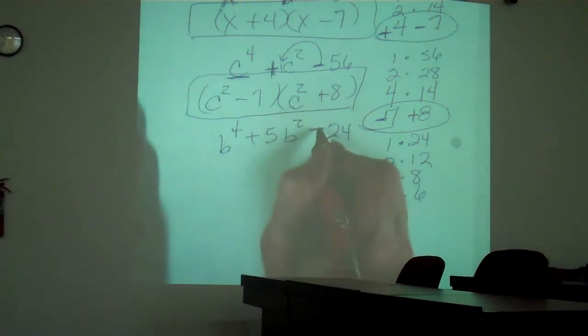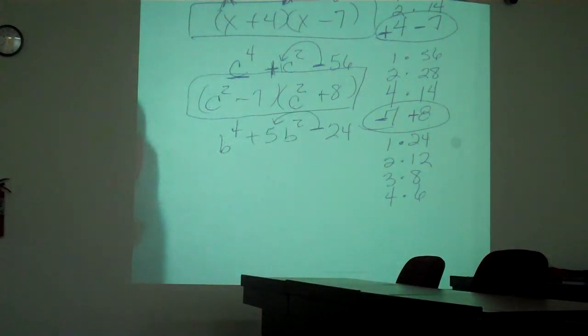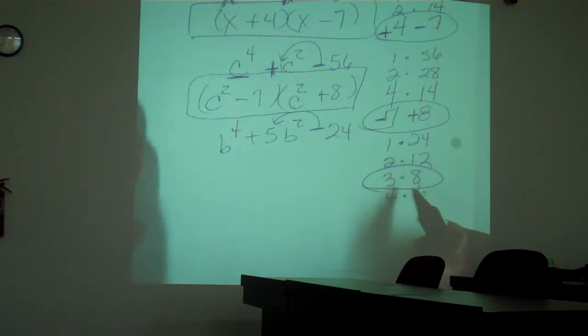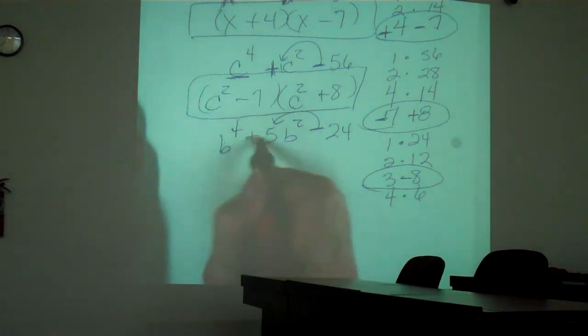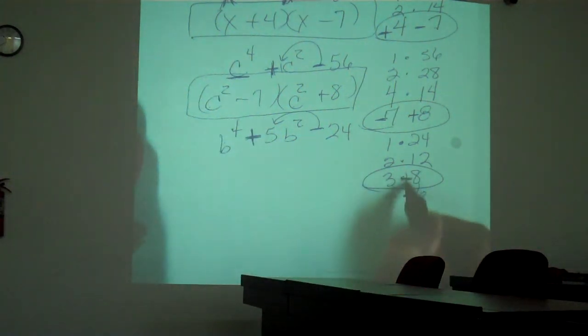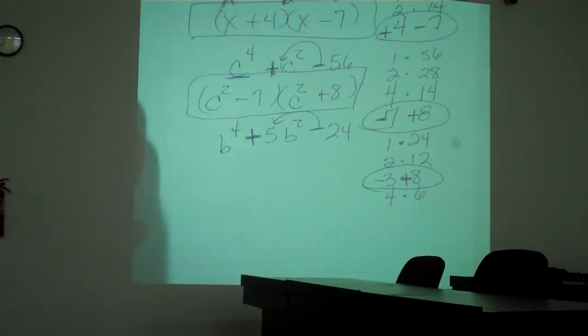Which ones subtract to give you 5? 3 and 8, right. Positive 3 or positive 8? We need a positive 5, so we need positive 8 and negative 3.